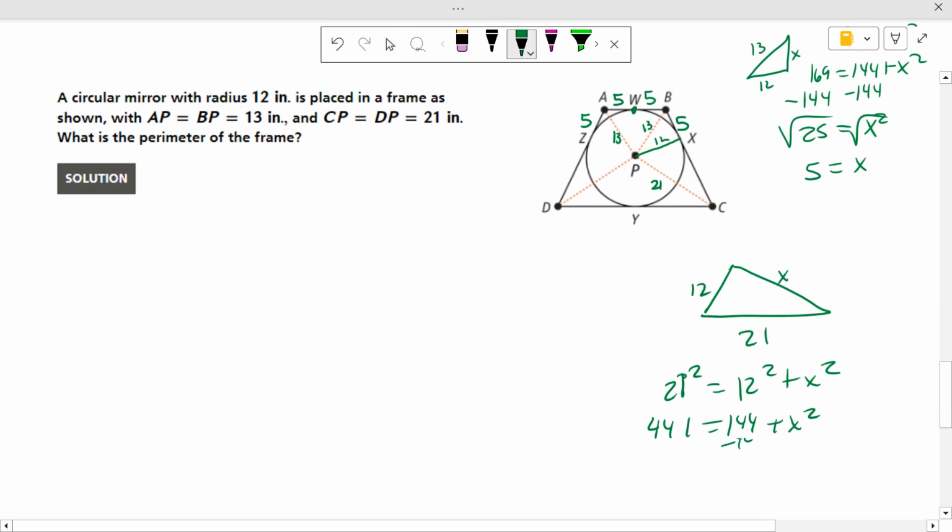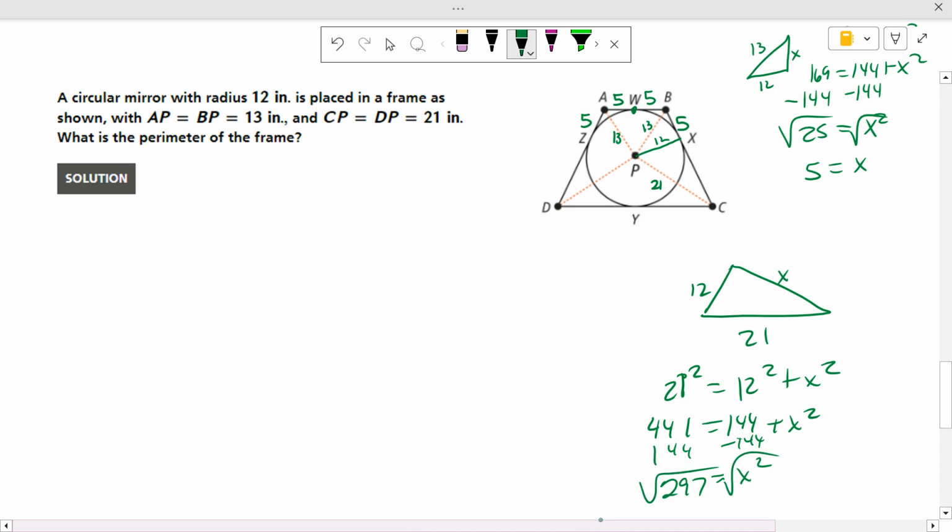So if we subtract 144, X squared equals 297.